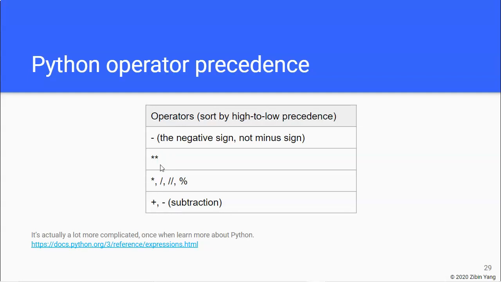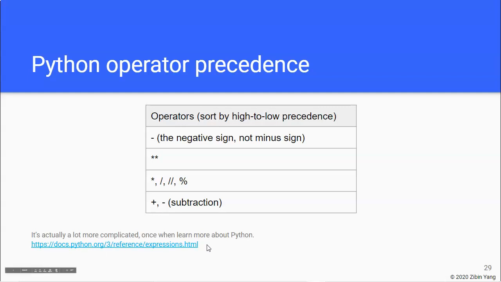So this is similar to what we are used to in math. Hopefully you can remember this well, but if you don't, again, use parentheses to force certain expressions to be evaluated first.